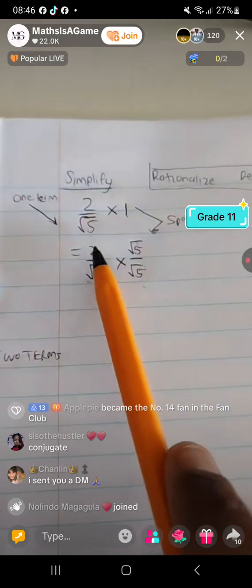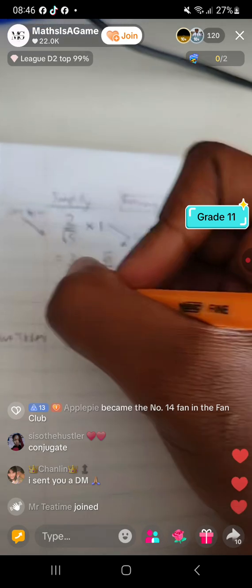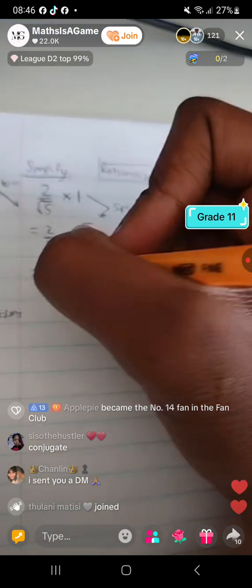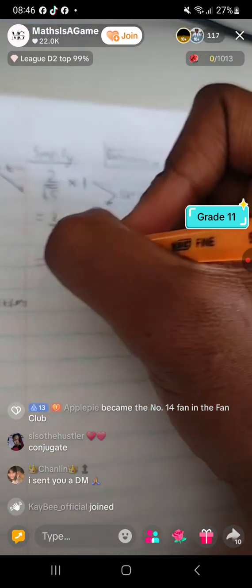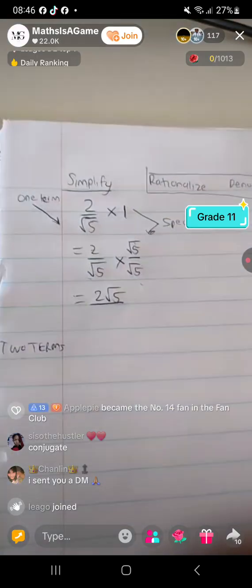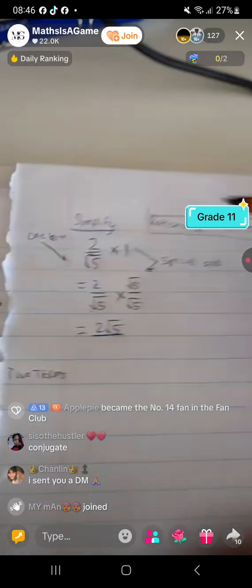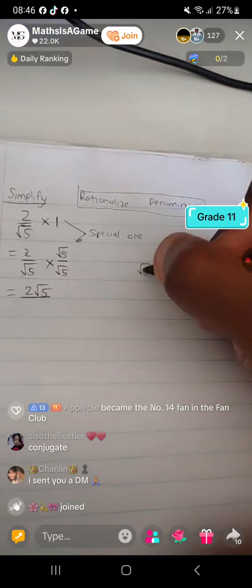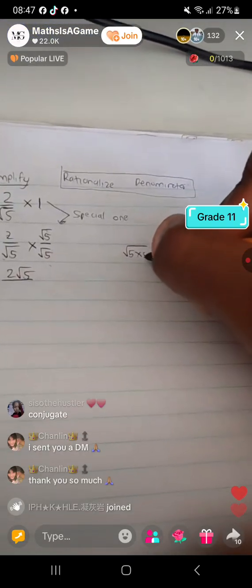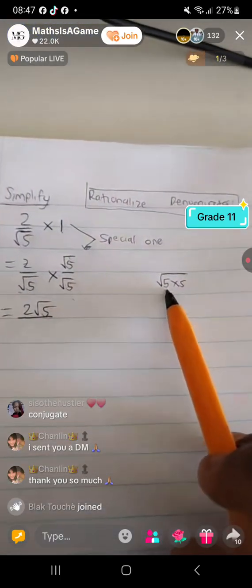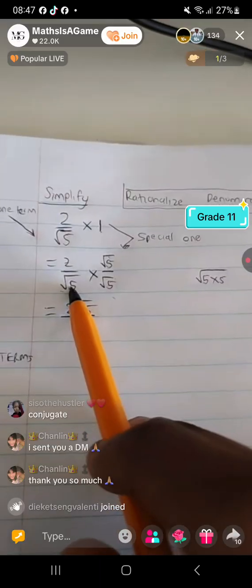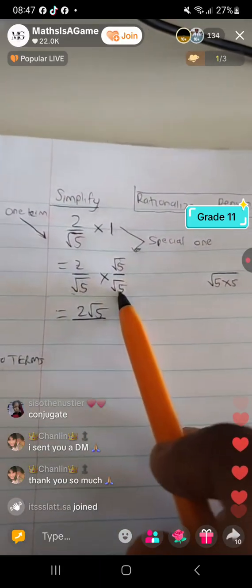Thank you, Shandlin. Then you say 2 times root 5 in the numerator. What's 2 times root 5? 2 root 5. Then in the denominator, what's root 5 times root 5? Guys, since it's root 5 times root 5, these are both square roots.